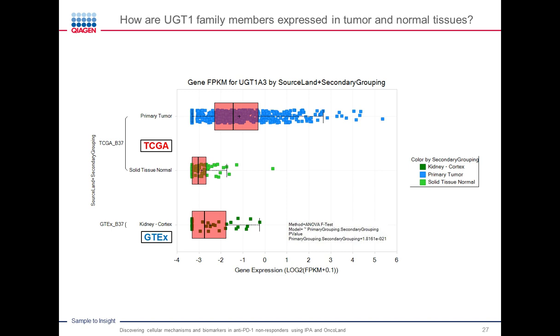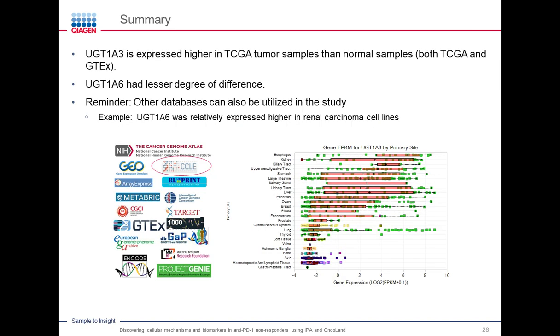So again, marker application-wise, UGT1A3 might turn out to be a good marker because there's clear difference between tumor and normal. And again, we can turn on statistics in the software. So in the lower right corner, you can see the p-value, and it is significant for this cross comparisons across 3 groups.